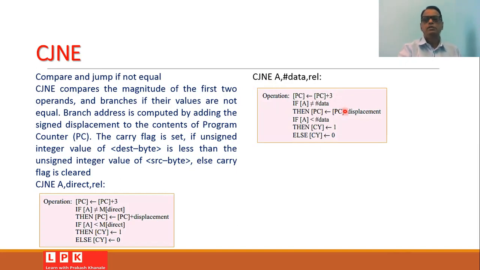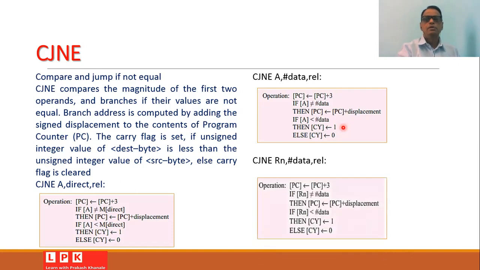If they do not match, then the relative displacement will be computed and added to the PC, and this number will be transferred to the program counter PC. If the content of the accumulator is less than the data, then the carry flag is set to 1, otherwise it is cleared.